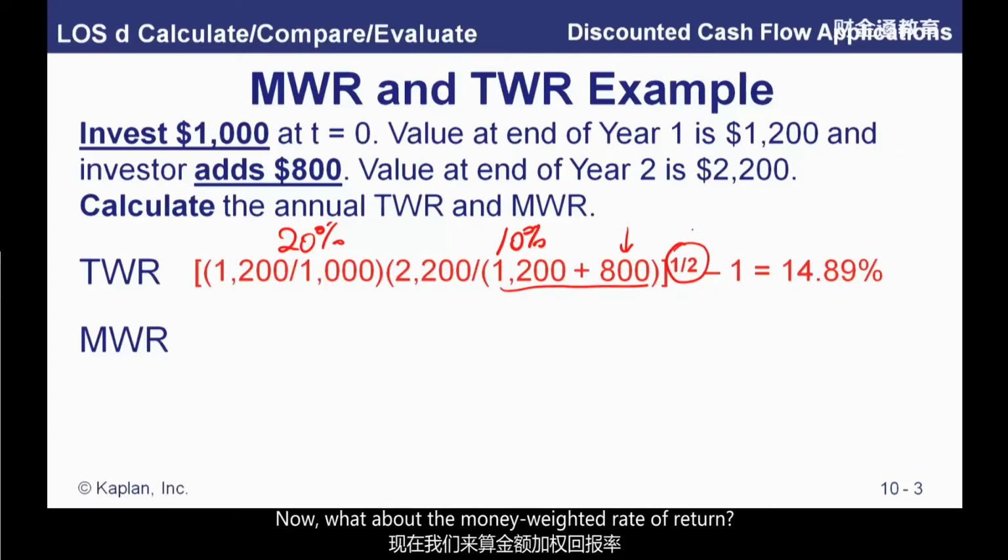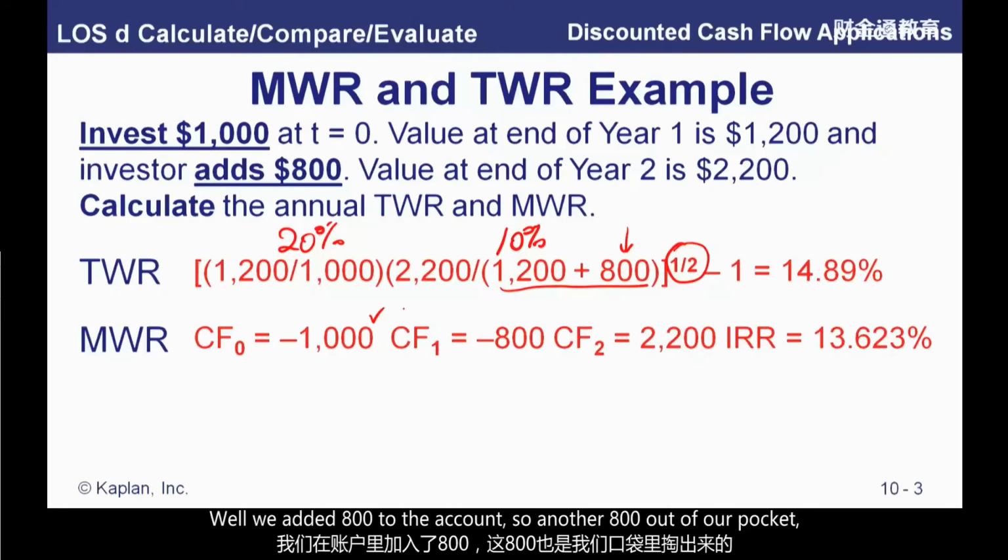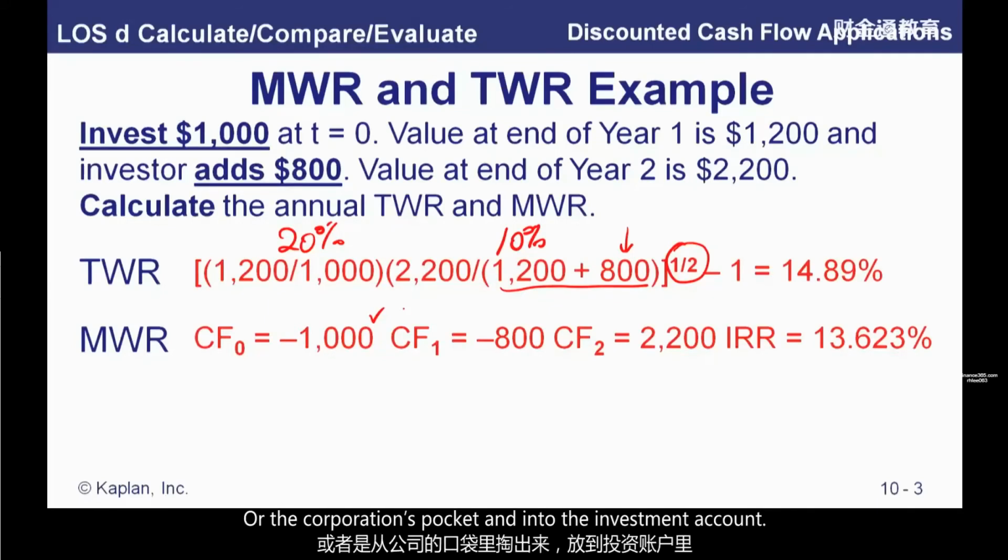Now, what about the money-weighted rate of return? Well, remember, we're going to use those cash flows and solve this as an IRR type problem. So our first cash flow, we say we pay it into the account, so we'll say out of our pocket into the account, that's minus 1,000. Then what happens at the end of 1 year? Well, we added 800 to the account, so another 800 out of our pocket, or the corporation's pocket, and into the investment account.